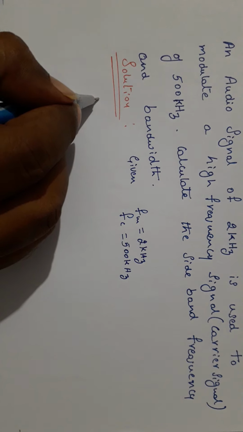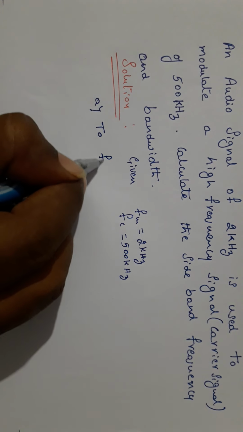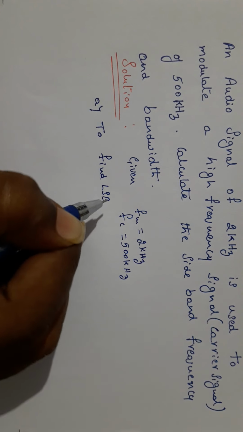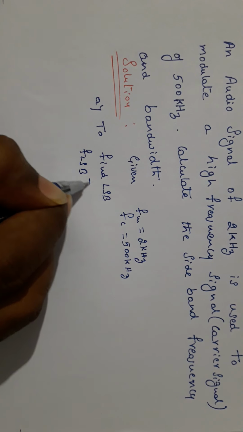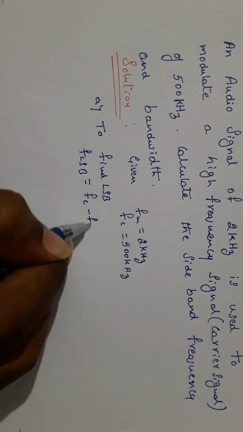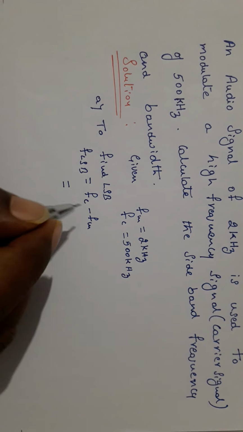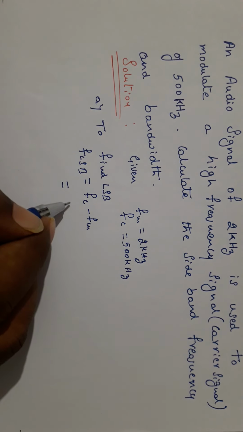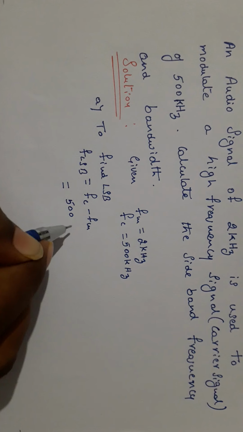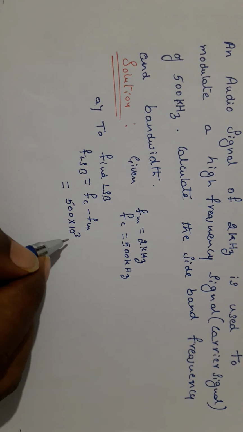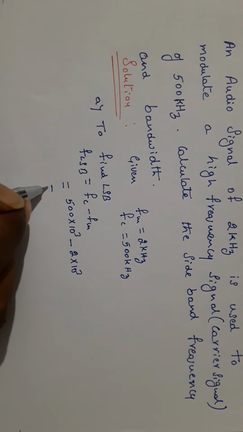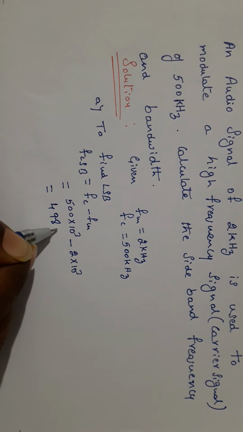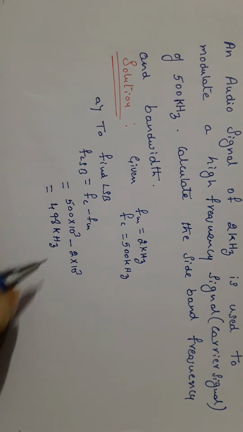First, A: to find LSB, FLSB equals Fc minus Fm, that equals 500 into 10 raised to 3 minus 2 into 10 raised to 3. Therefore, 498 kilohertz.